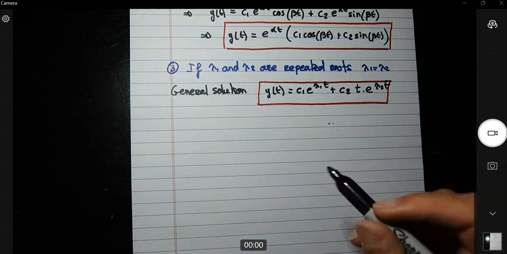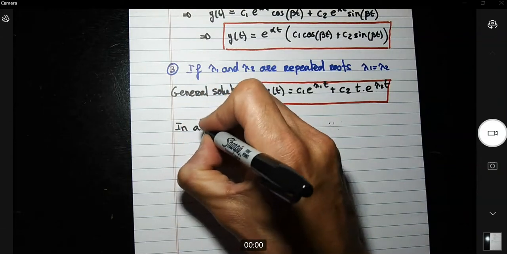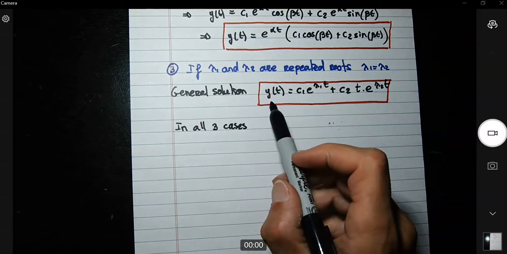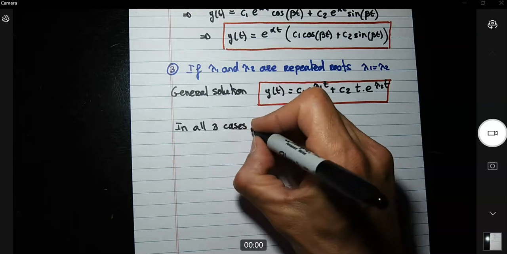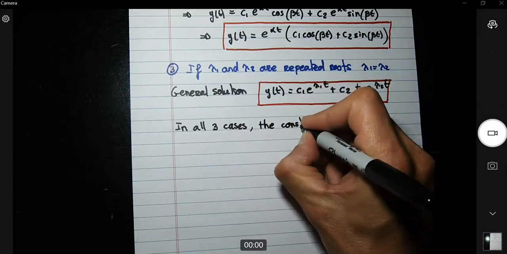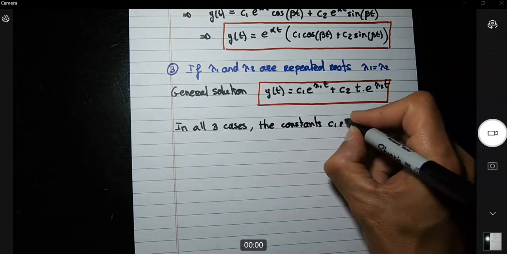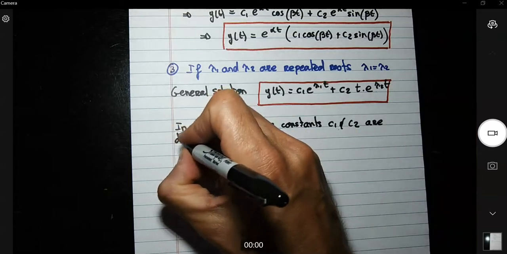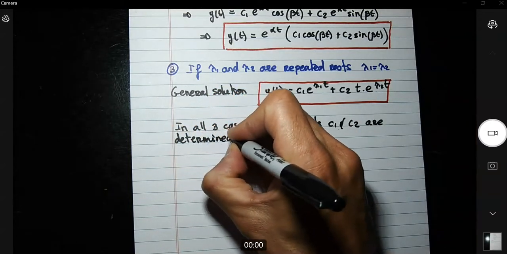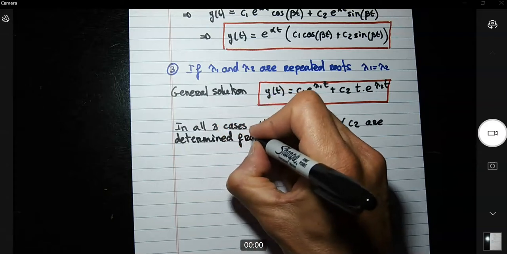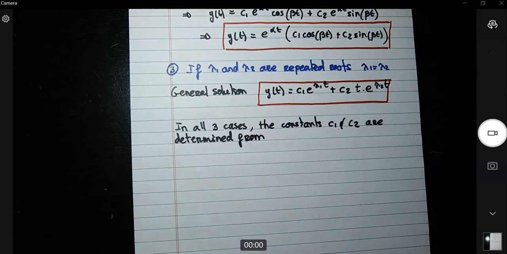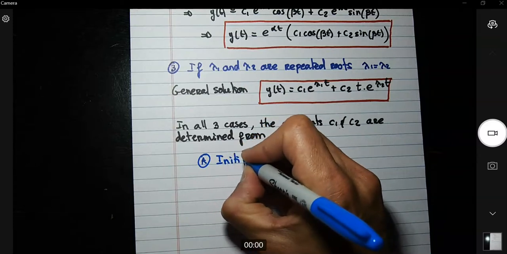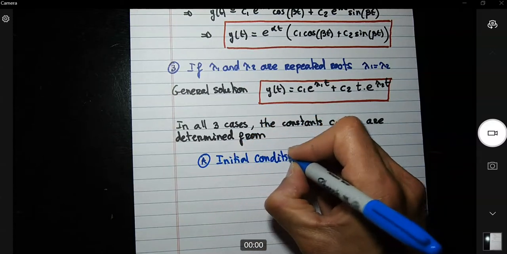In all three cases, meaning the roots are real, the roots are complex, or they are repeated roots, the constants c1 and c2 are determined from initial conditions, if it is an initial value problem.